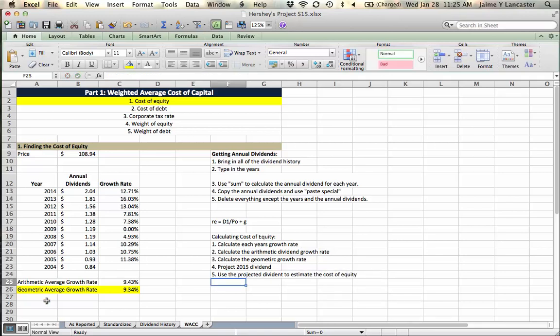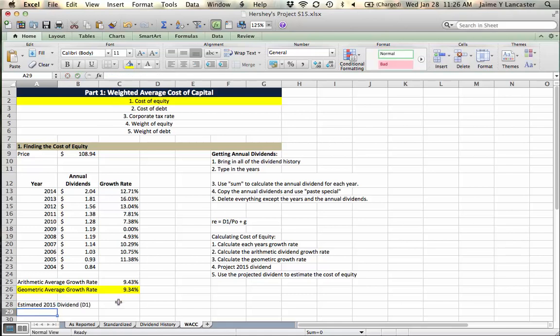So we're going to call this estimated D1. That's the dividend next year, right? So we could call this the estimated 2015 dividend, and that's D1.